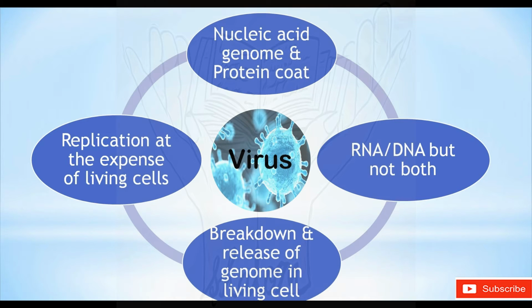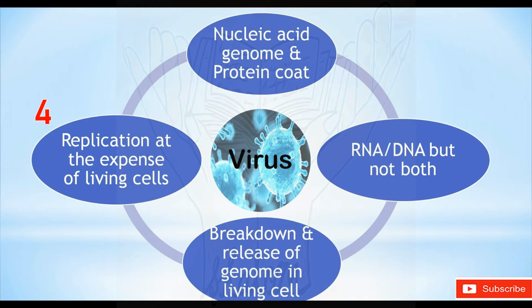There are majorly four characteristics or nature of viruses. First, it has a nucleic acid genome and a protein coat. Secondly, the nucleic acid genome can be of RNA or DNA, but never both. Thirdly, there is a breakdown and release of that particular genome in the living cell which a virus infects.